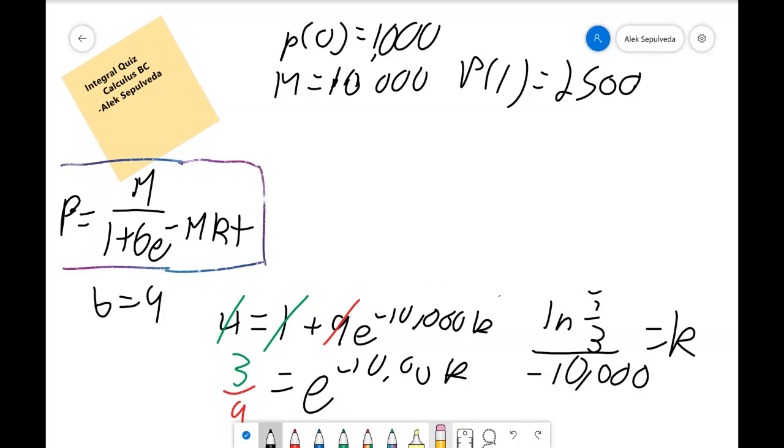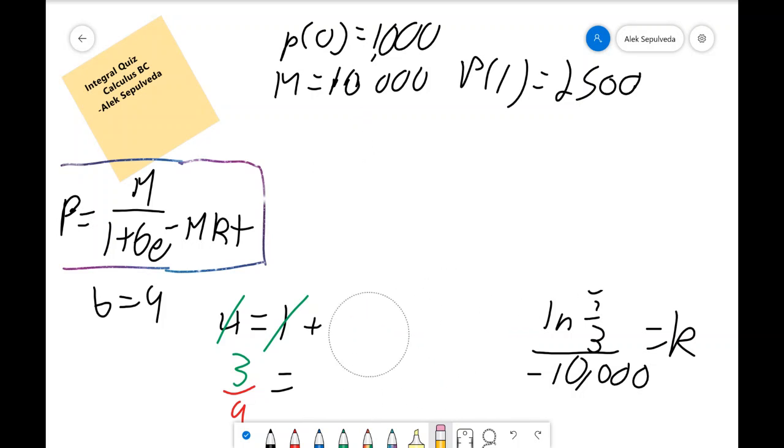Now we know that k is equal to this. If we plug this into our calculator, we end up getting a really small number, but I'm not going to use the calculator for that, so we're just going to leave that there.